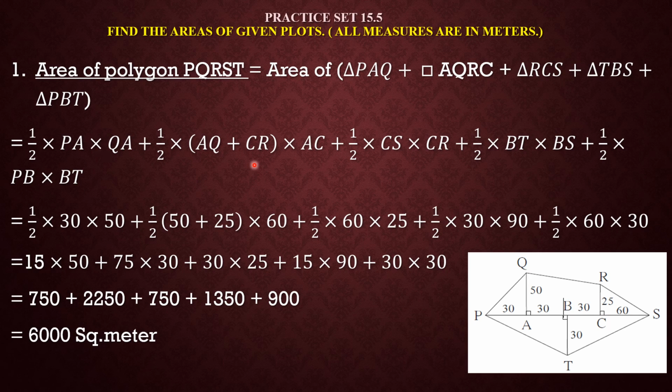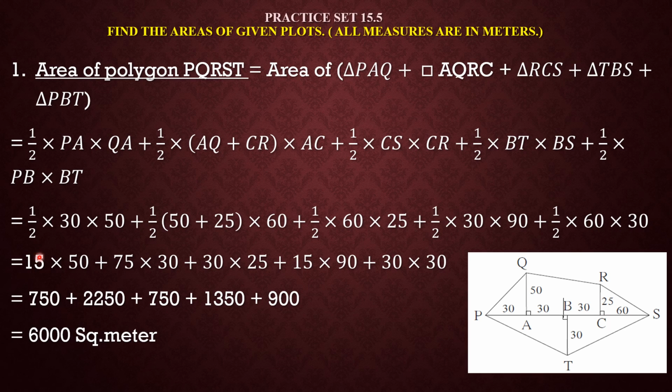Now putting the values, we can write is equal to 1 by 2 into PA 30, QA 50, plus 1 by 2 into AQ 50, CR 25, into AC 60, plus 1 by 2 into CS 60 and CR 25, plus 1 by 2 into BT is 30 and BS means BC plus CS, so 30 plus 60 that is 90, plus 1 by 2 into 60, the value of PB is 60, into BT 30.